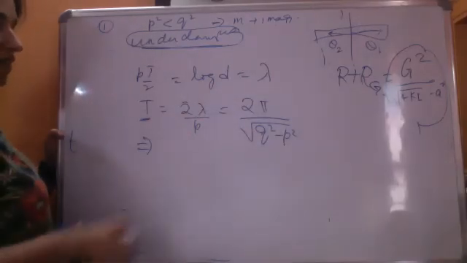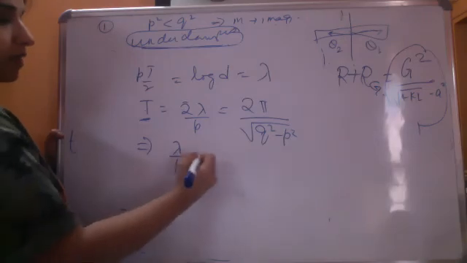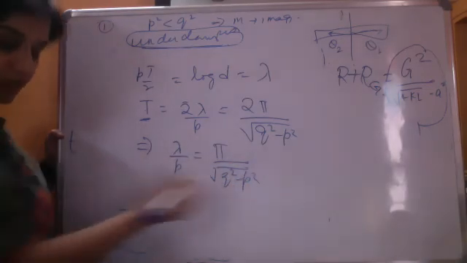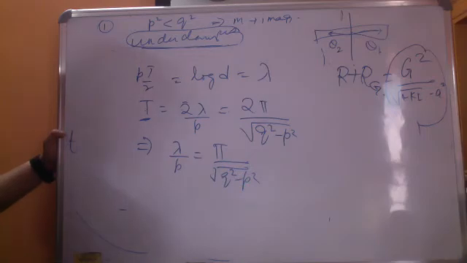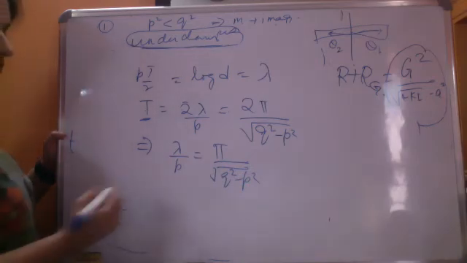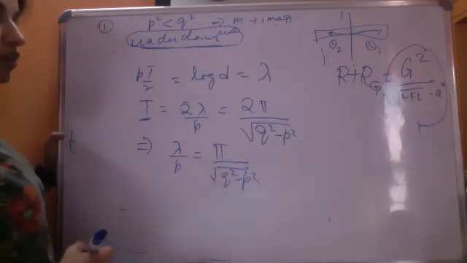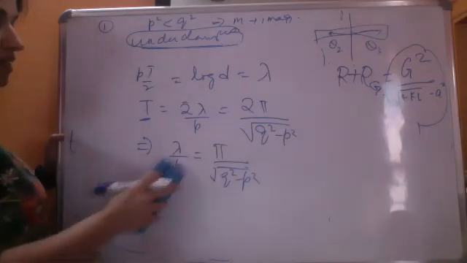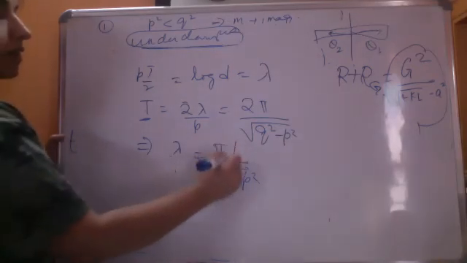I have lambda by Q square. Substitute for Q square and P square. First take this P here.